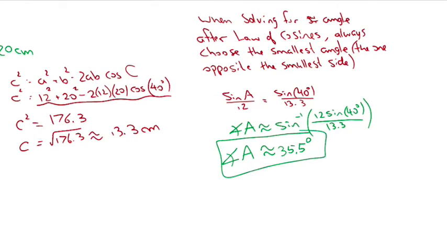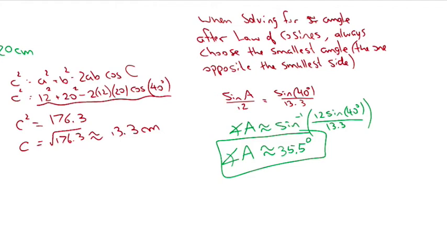What's the last thing we can find on this triangle? If this is 35.5 degrees, how do I find angle B? Just add these two together, it's 75.5. Then subtract from 180, that leaves you with 104.5. Bruh, my calculator wasn't even on.